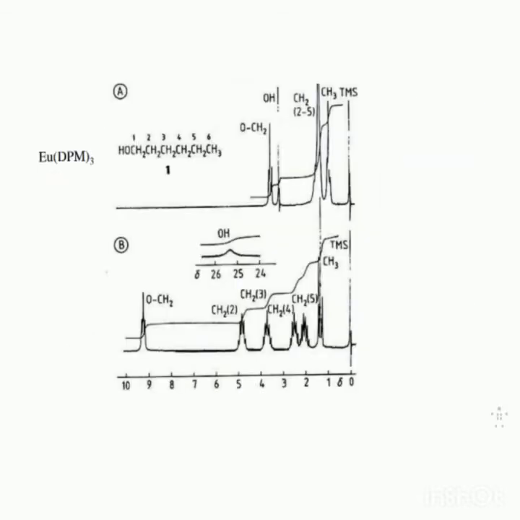When you look at this graph, you can see the comparison with and without shift reagents. In the first case, without shift reagent, and in the second case, with shift reagent. From this difference, it's clear that we can easily identify the spectral peaks in a precise manner by using an NMR shift reagent.